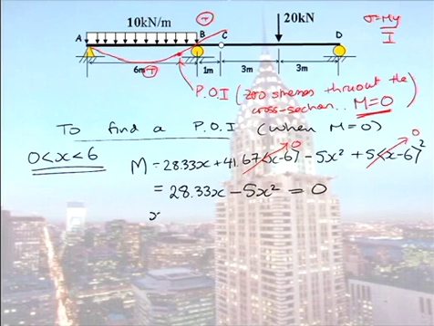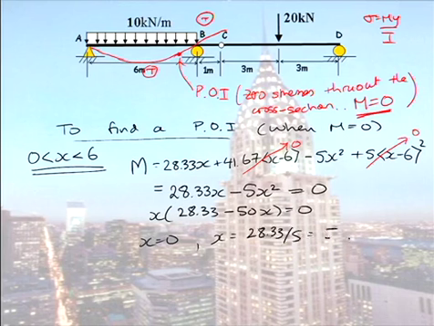So taking x out as a common factor, we get that, from which we can conclude it either occurs when x is 0 or when x is equal to 5.66 metres, which fits in.